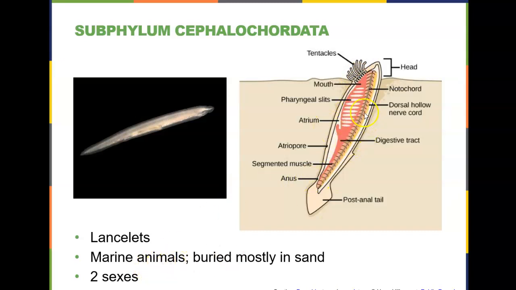They live their life mostly buried in the sand. So you see them in the sand with only the head exposed, in which they filter feed for plankton and other small invertebrates. They do have two separate sexes, male and female organisms.